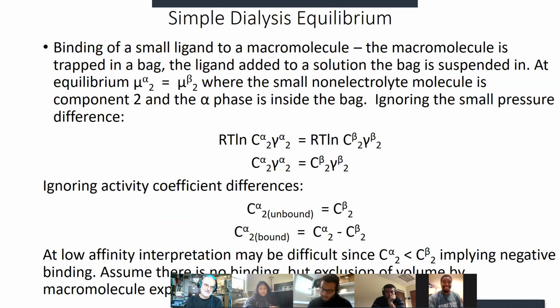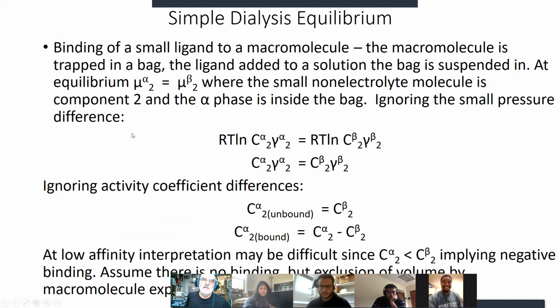You can find bags that have different kinds of cutoffs. There are filtration methods that do similar sorts of things. Then you put a ligand into the buffer that the bag is sitting in, and the ligand can penetrate. So the macromolecule is trapped. The ligand is then in the solution, and it can equilibrate across the bag.